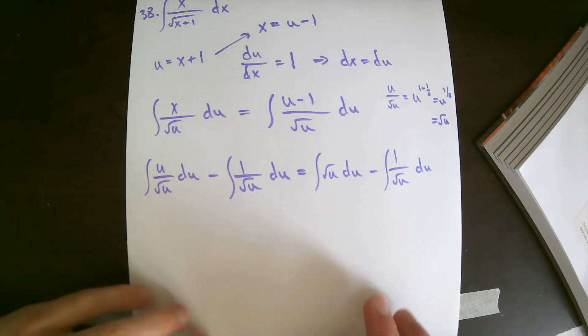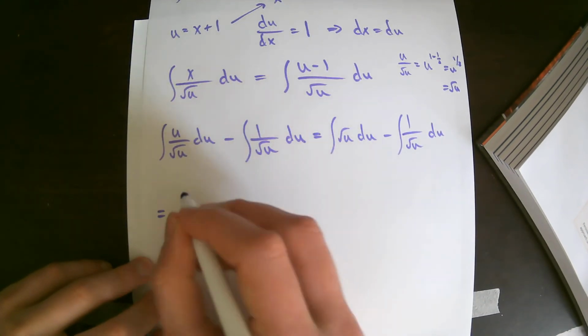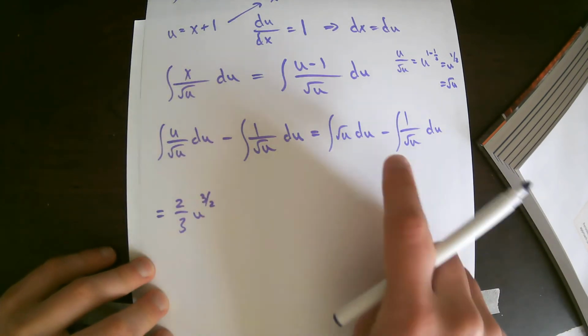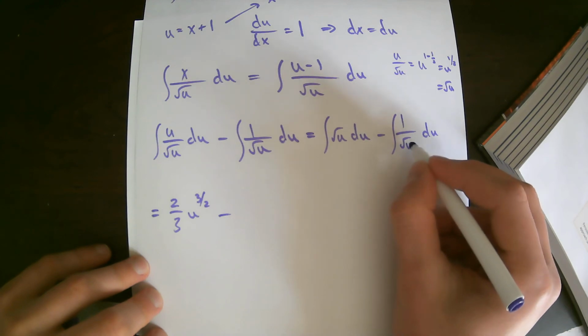Okay. Now integrating each of these, for this one, I'll get 2/3 u to the 3/2. And for this one, now this is a negative 1/2 here.